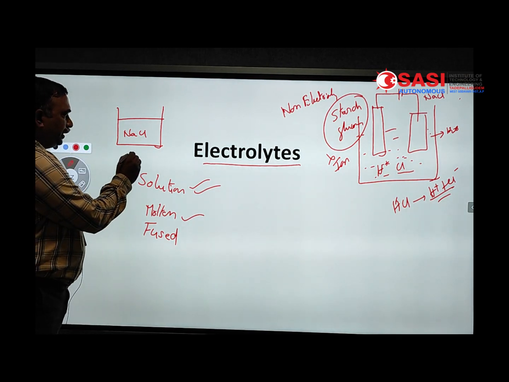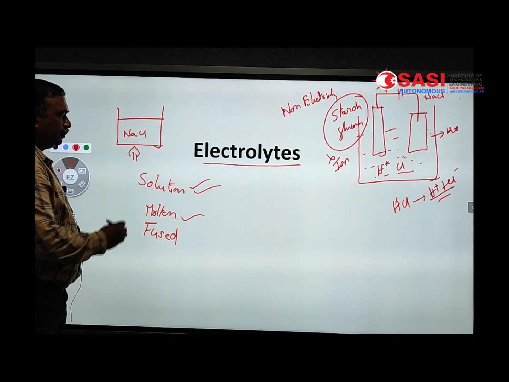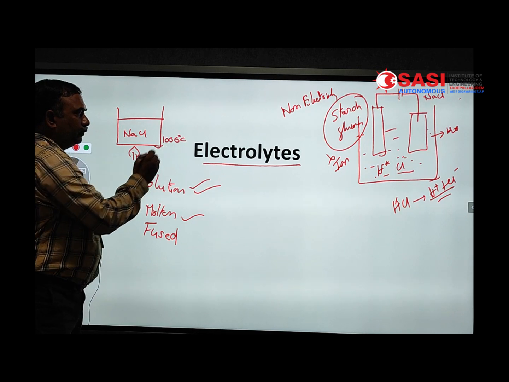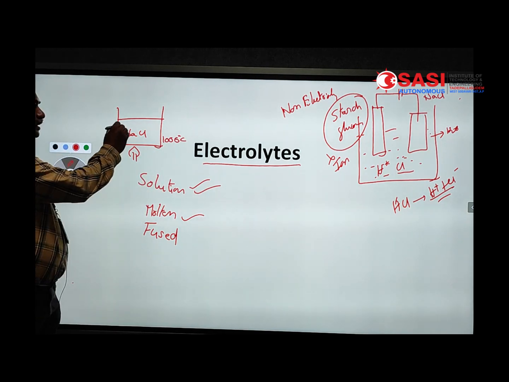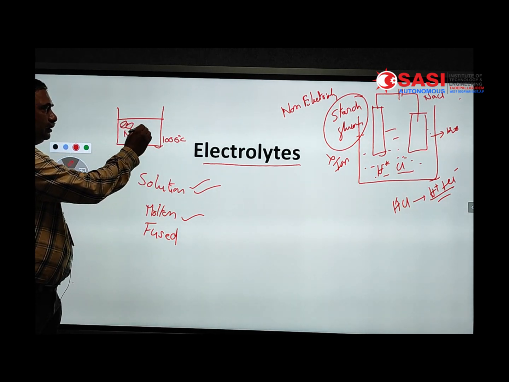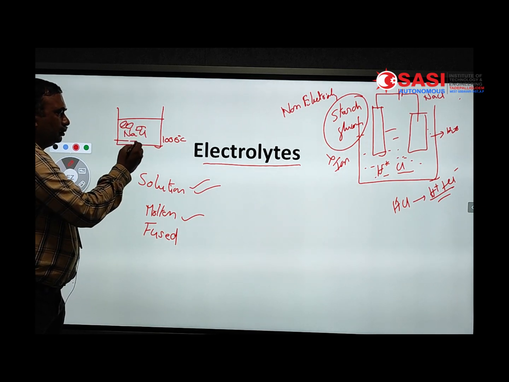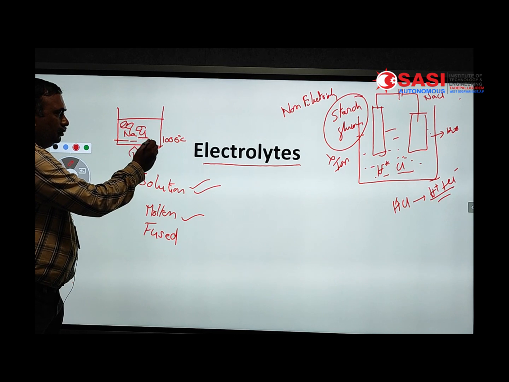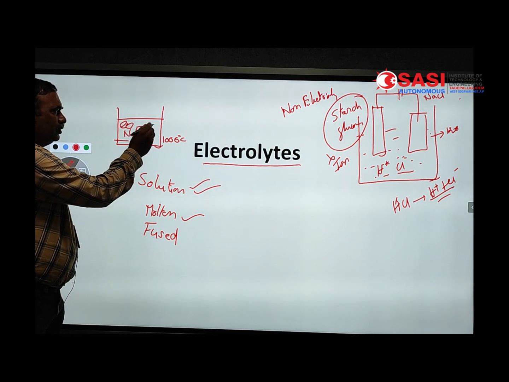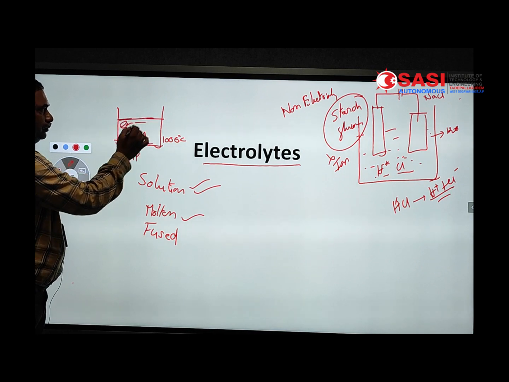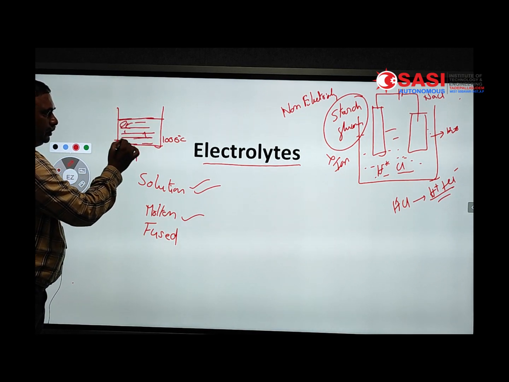But if you start melting it with the help of a flame up to 1000 degrees centigrade, the crystals start melting and form a fused state, means they will become like a liquid.